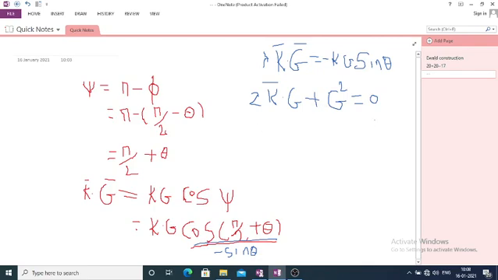So k dot g is nothing but minus kg sin theta.